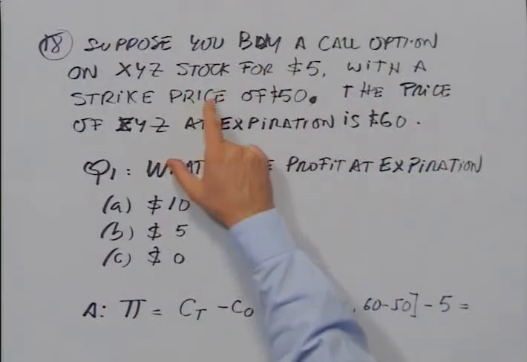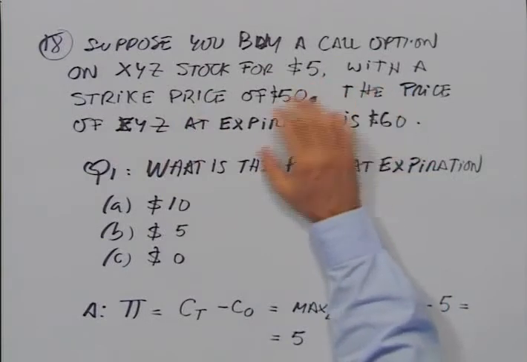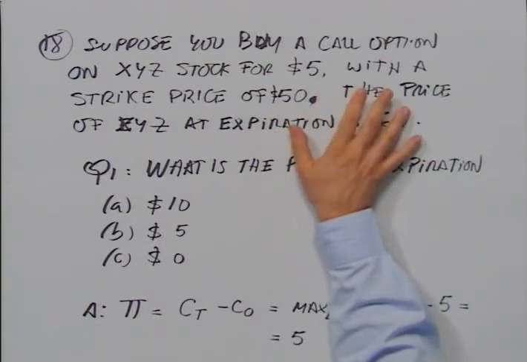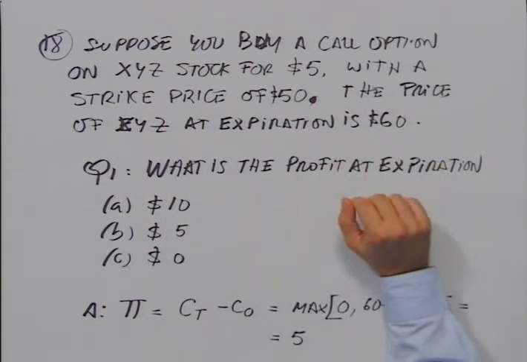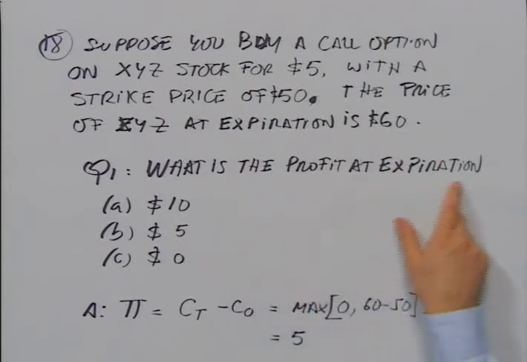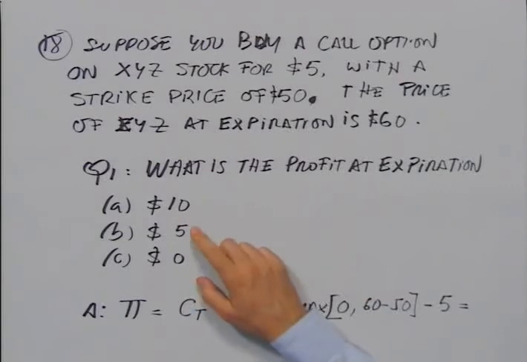Let's suppose that you buy a call option on XYZ stock for $5. That's the option premium, with a strike price of $50, while the price of XYZ at expiration is $60. What is the profit at expiration for this purchase? Is it $10, $5, or nothing?